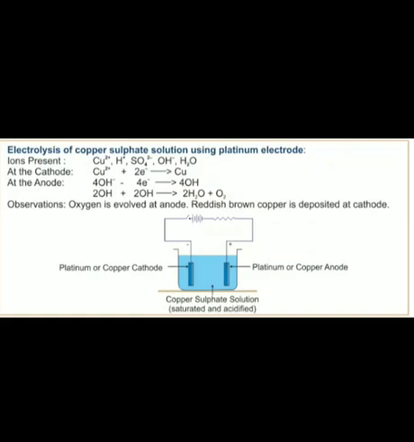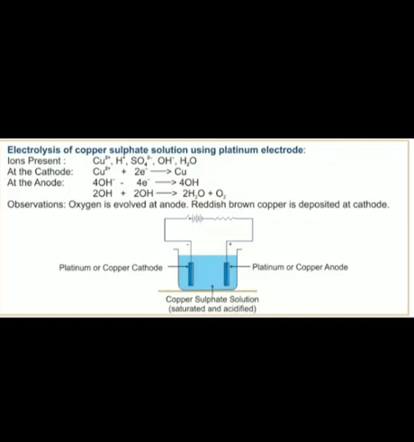Out of Cu2 plus and H plus, Cu2 plus is lower in the electrochemical series. So Cu2 plus will migrate towards the cathode and here it will be neutralized to Cu, that is copper.